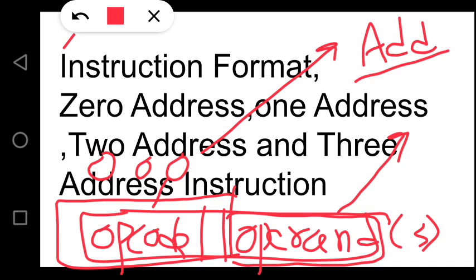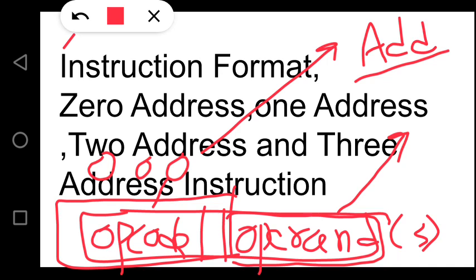This is a special case, zero operand or zero address. We will see what that is. When is the case when there is no operand? When there is no operand and the opcode specifies an operation, how can the operation be performed?